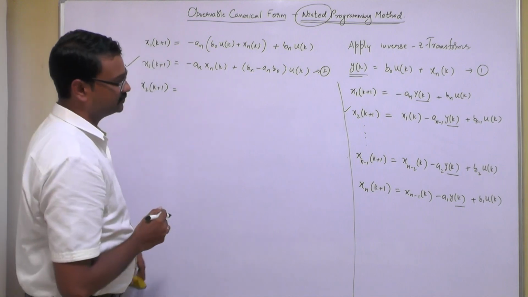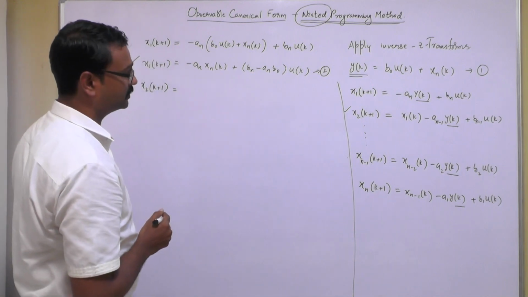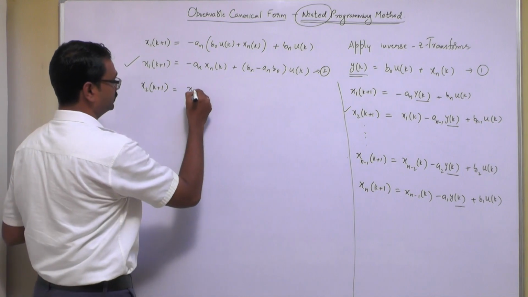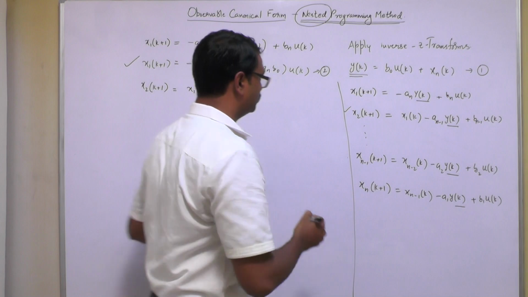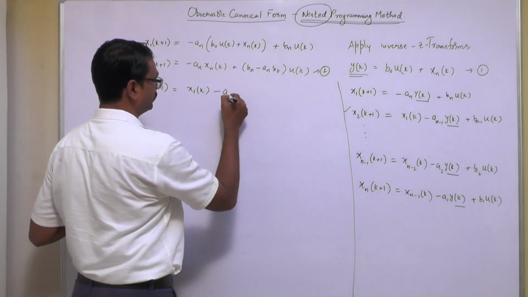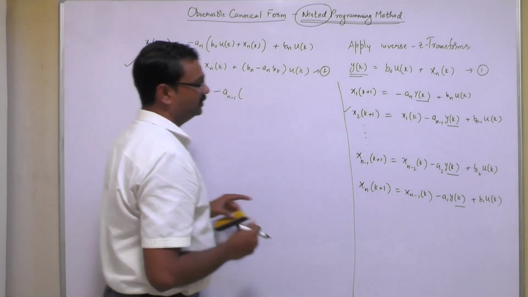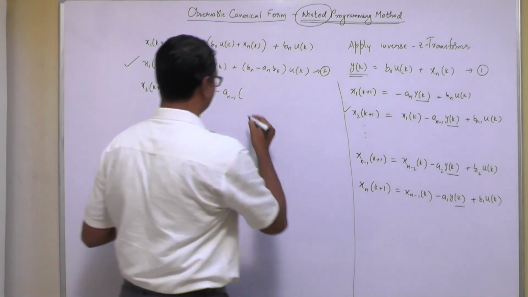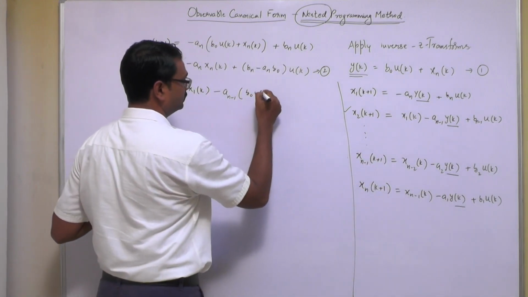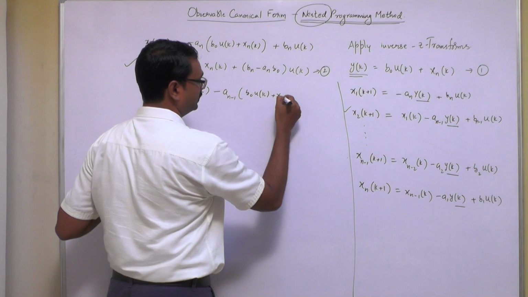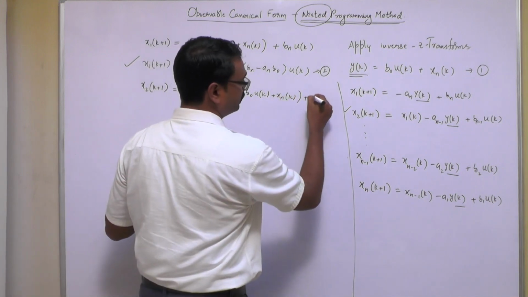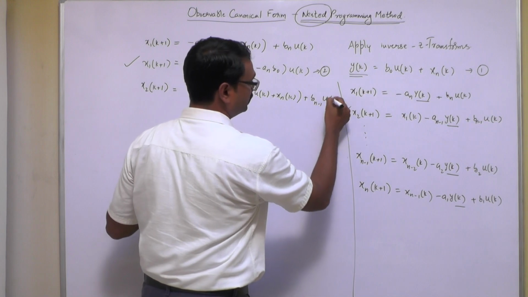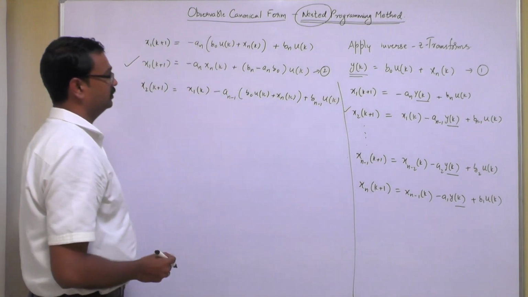This is important for us, we will use it in the later part of our derivation. x2(k+1) = x1(k) - an-1 (b0 u(k) + xn(k)) + bn-1 u(k).